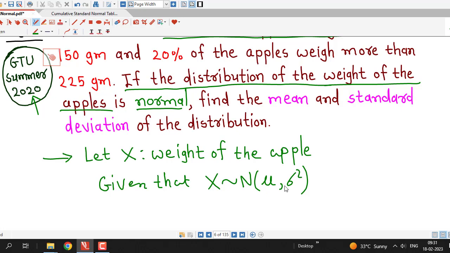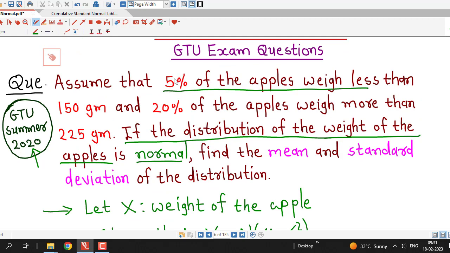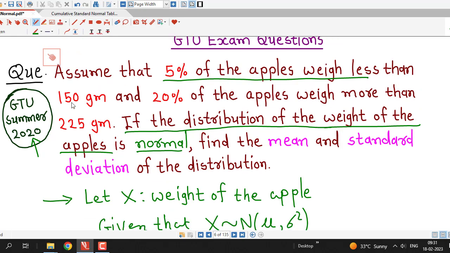What is another information? It is assumed that 5% of the apples are having weight less than 150 grams.